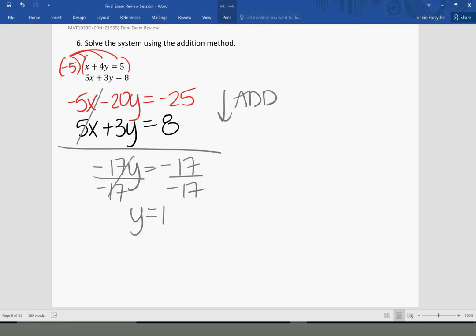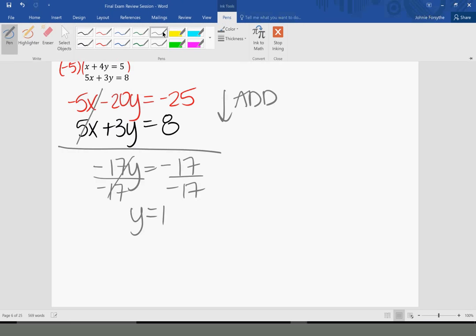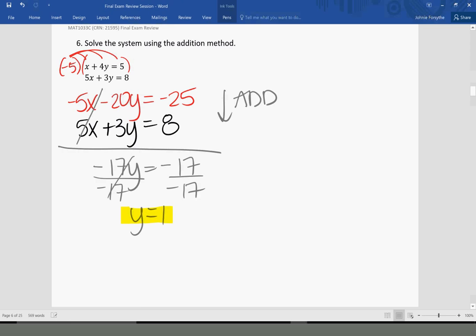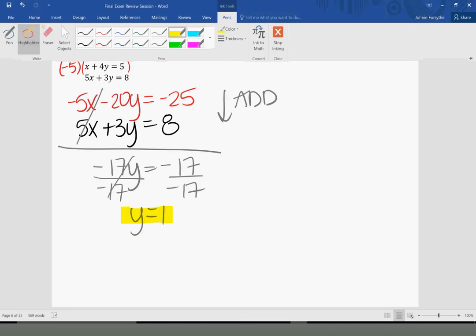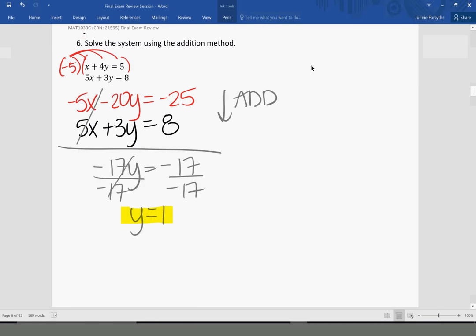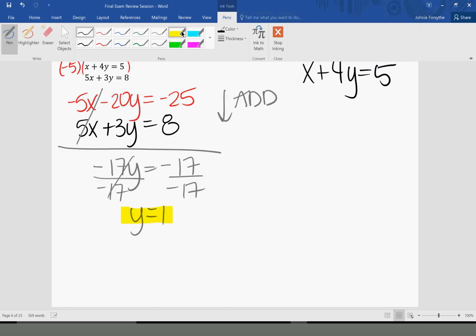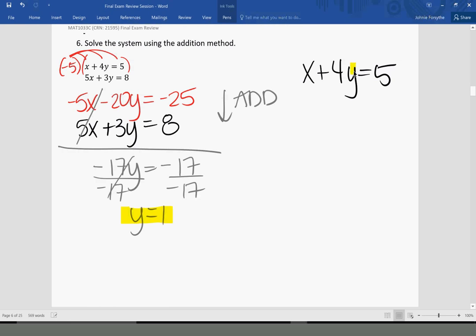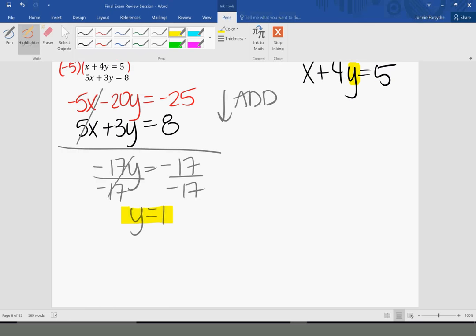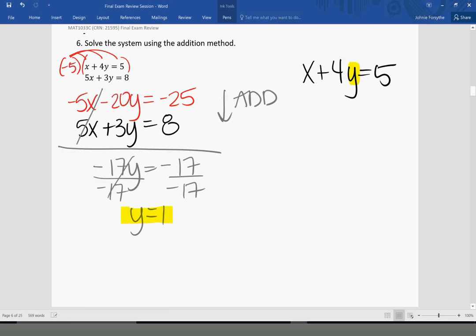To get the other half, I need to take this value for y and plug it into one of my equations. Doesn't matter which one you use. I'm just going to rewrite the first equation and use that one. So I'm going to plug in 1 for y: x plus 4 times 1 equals 5.